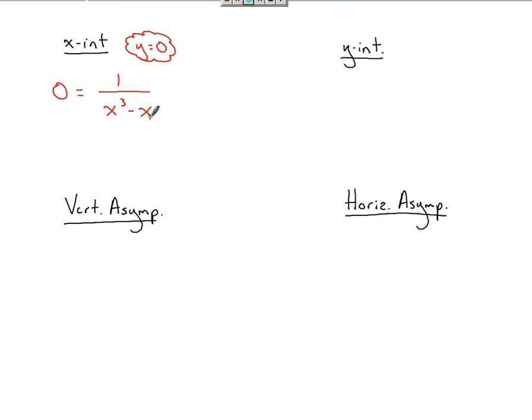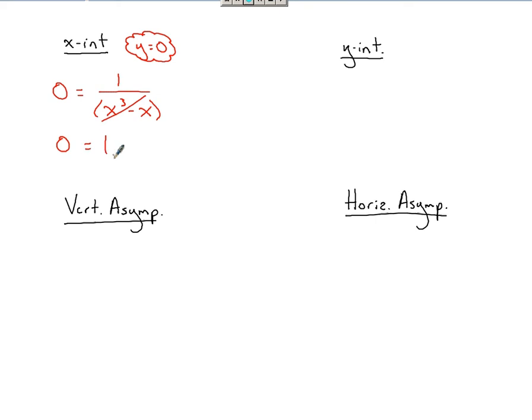The idea in finding these intercepts is maybe we can get some more specific points here to work with. So if we try to solve that, well, basically you'd be multiplying both sides by that x cubed minus x, right? Swinging this over to the other side, trying to clear that out. Of course, if I multiply both sides by this idea, obviously it cancels from the right, but if I multiply the left, I get 0.